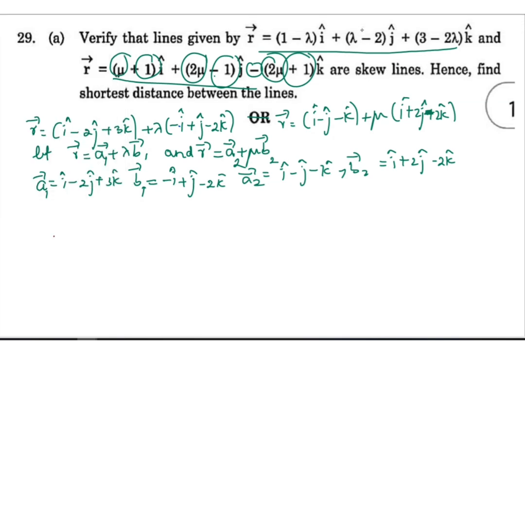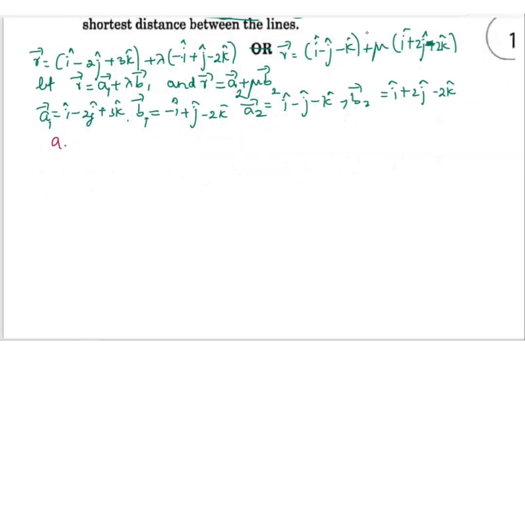First, we'll find a2 vector minus a1 vector. A2 is i cap minus j cap minus k cap, minus of (i cap minus 2 j cap plus 3 k cap). If you do this, we get i cap minus i cap, then minus j cap plus 2 j cap, minus k cap minus 3 k cap.